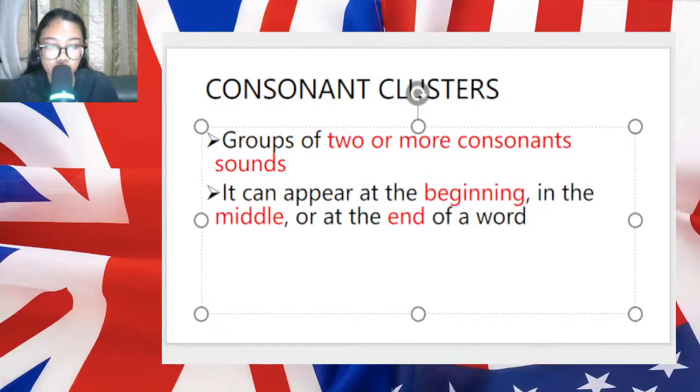So, yes, we are going to focus on consonant clusters. You might wonder why we are learning this particular topic. Understanding where these clusters occur and how to articulate them is quite significant, in a way that it directly impacts the rhythm and the clarity of your spoken English.